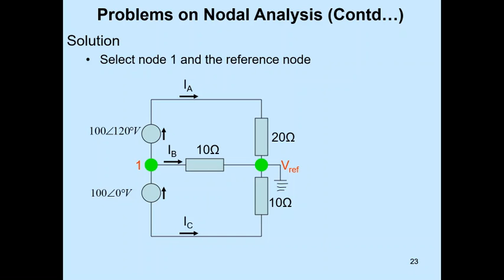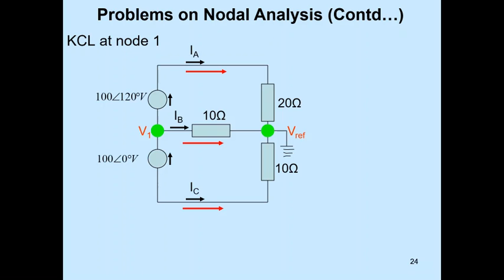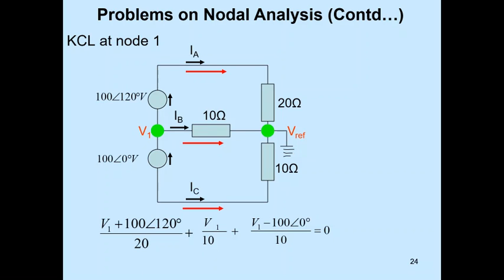So we can write the equation like this: V1 plus 100 at an angle of 120 degrees by 20, plus V1 by 10, and V1 minus 100 at an angle of 0 by 10.